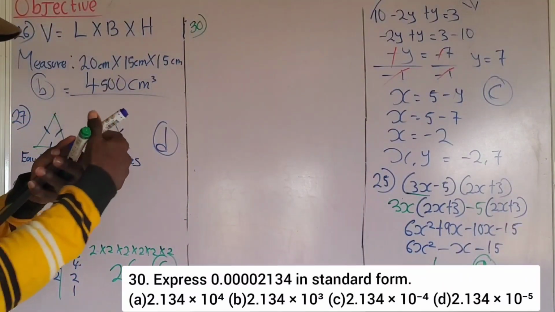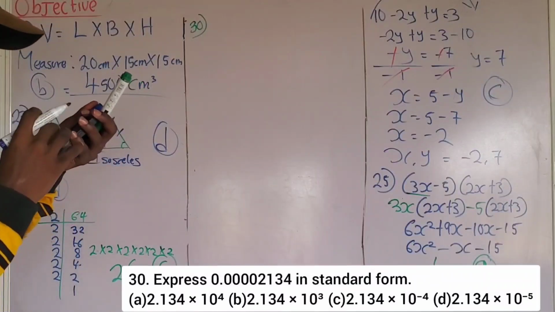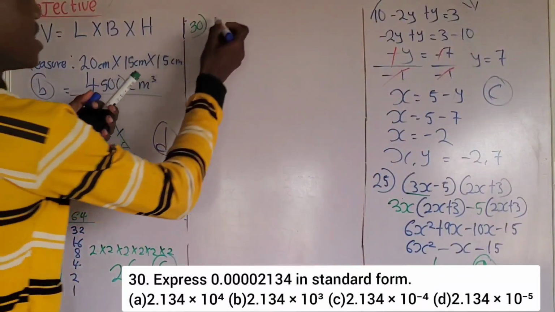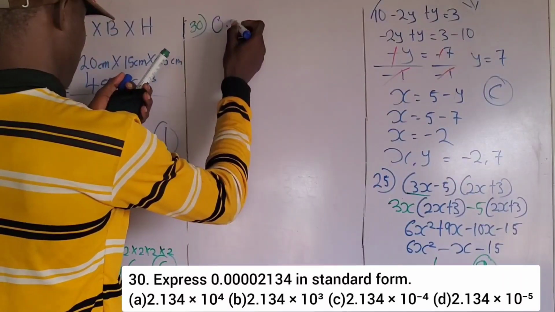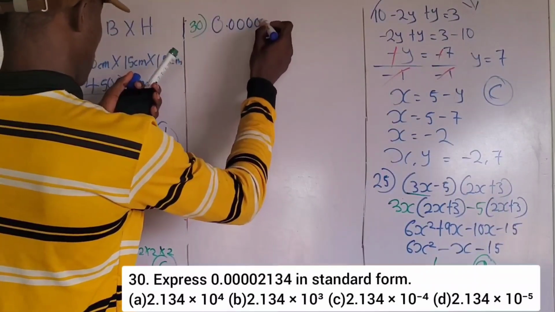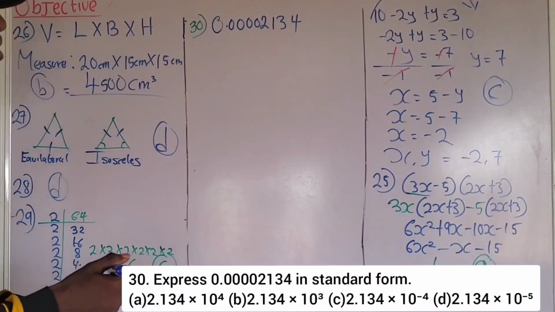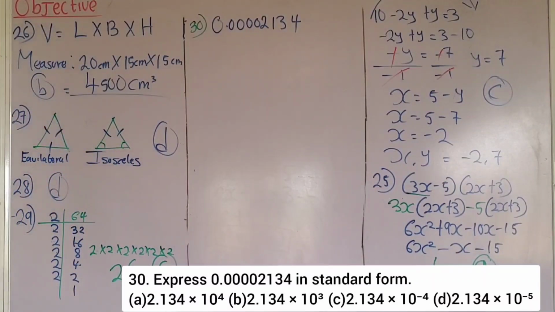Now, express 0.00002134 in standard form. Expressing a number as a power of 10 is what we call standard form. You understand?